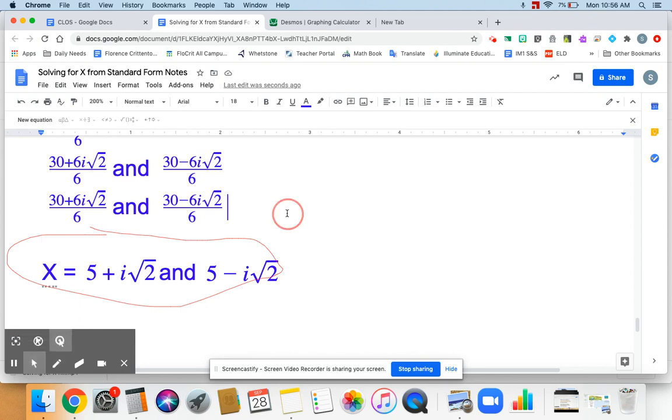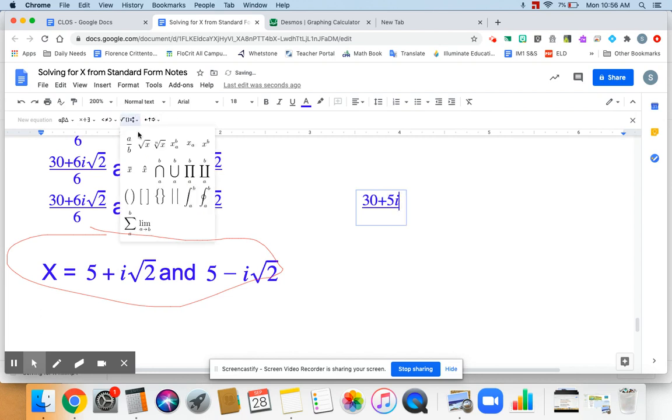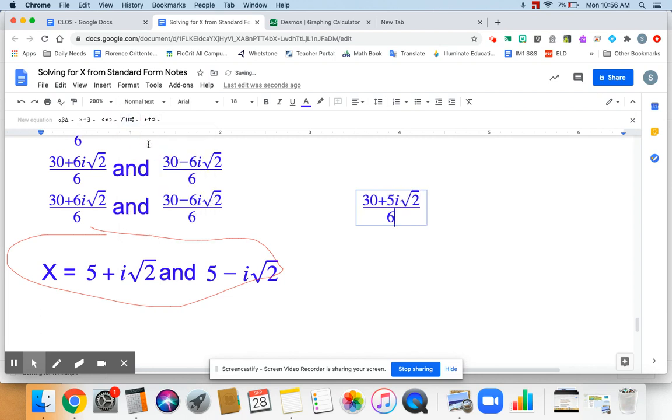So the important part to note here is the reason why we got rid of the dividing by 6 is only because both divided by 6, both the 30 and the 6. If it was anything else, for example, let's pretend it was 30 plus 5i root 2 over 6.